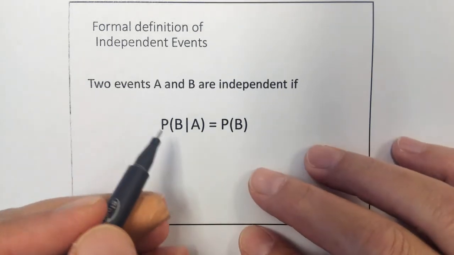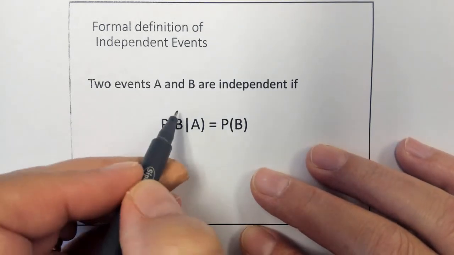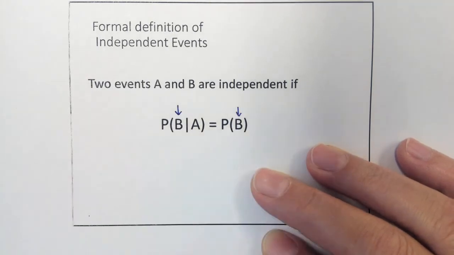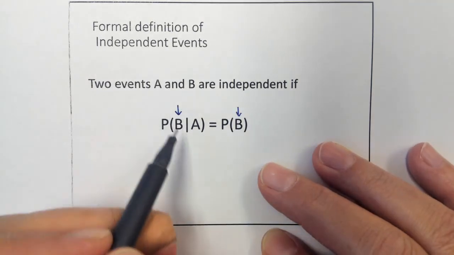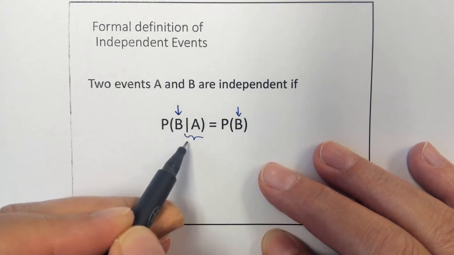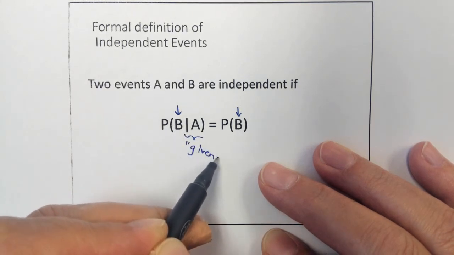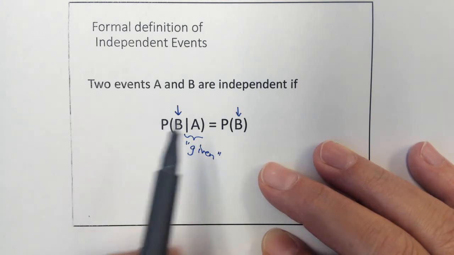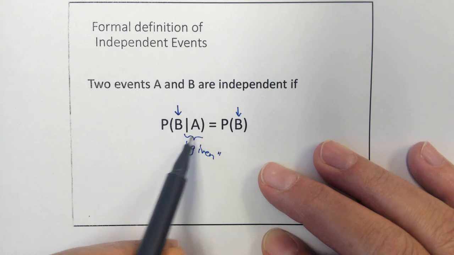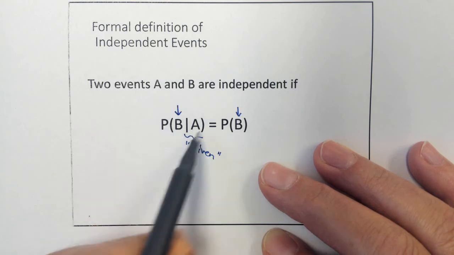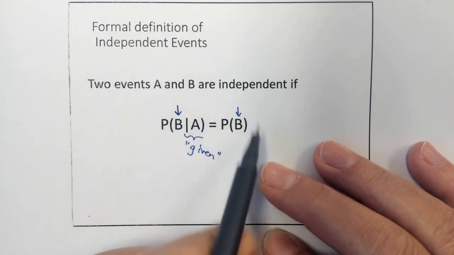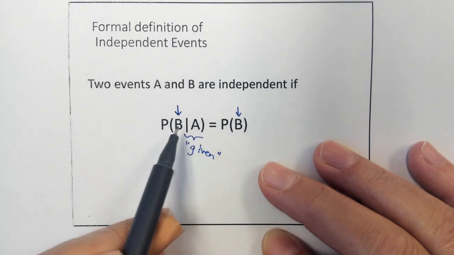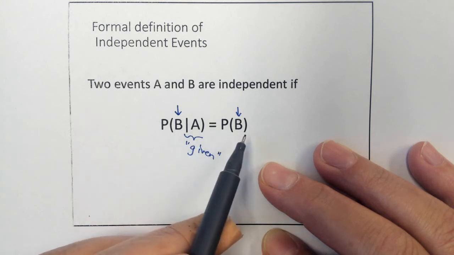Okay, notice something that these two sides of the equation have in common. They both calculate the probability of B. The difference is, on this side, we have a given A. If A occurring changes the probability of B, then this side would be not equal to this side. So if A changes B, then we would not have independent events, and this would not be equal to this.